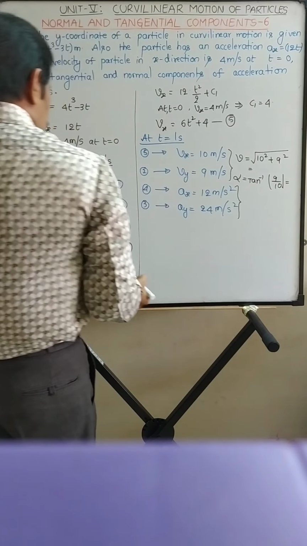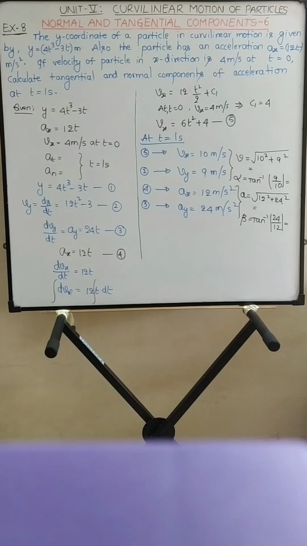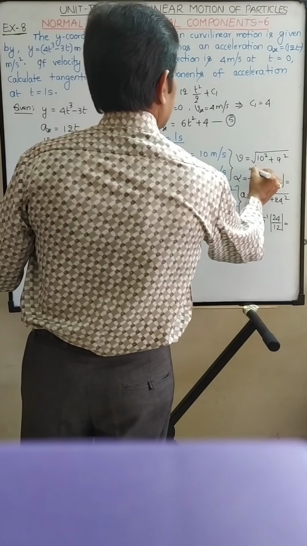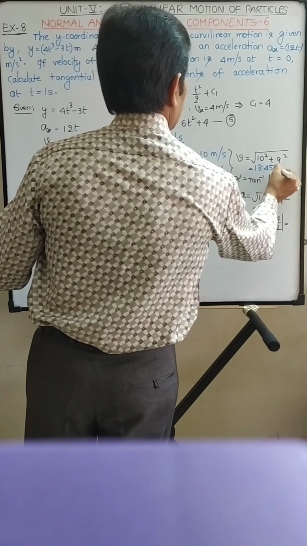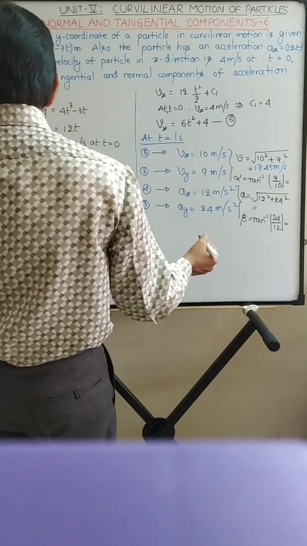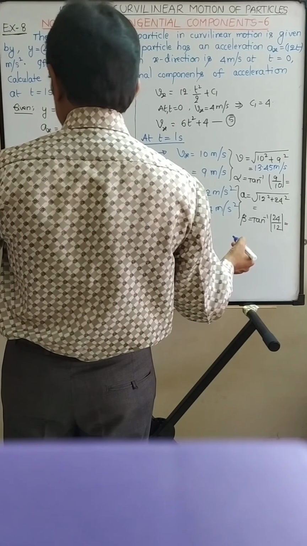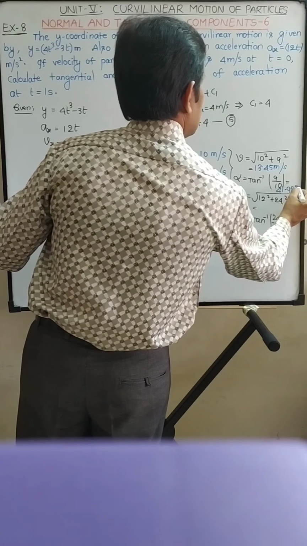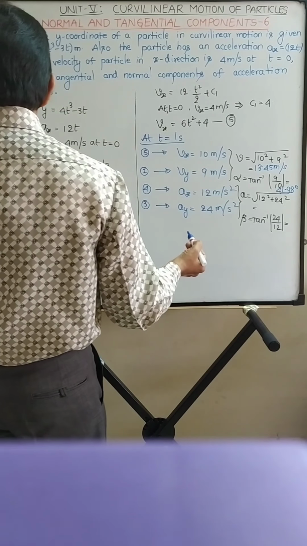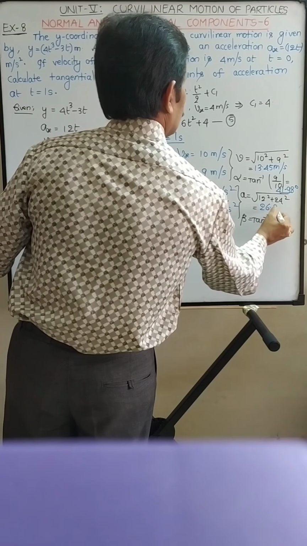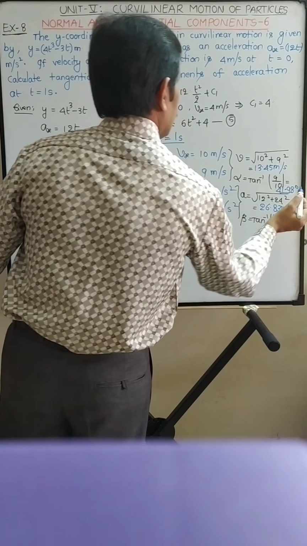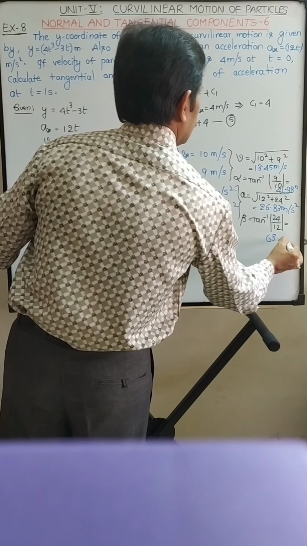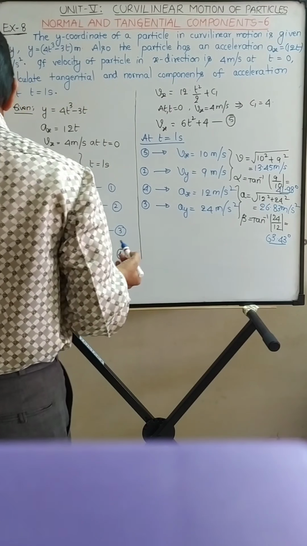So find out V, alpha, A and beta. We have V is equal to 13.45 meters per second. Alpha is 41.98 degrees with respect to x. A is 26.83 meter per second square, and beta is 63.43 degrees. Again, this is with respect to x.